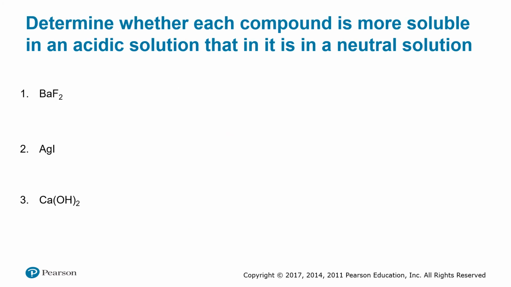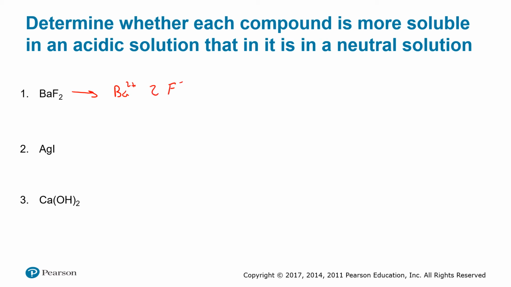Okay, so see if you can figure out these problems here. Determine whether each compound is more soluble in acidic or neutral solution. You have to look at what they dissociate into to figure this out. Barium fluoride dissociates into barium and fluorides.